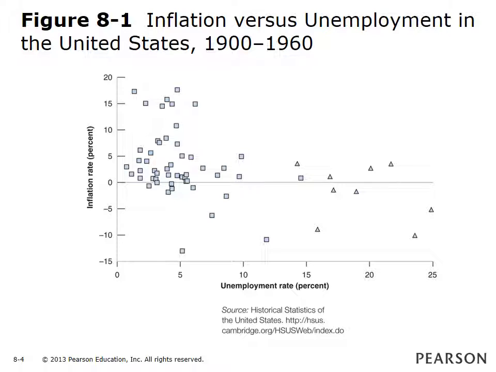The figure shows the findings of Paul Samuelson and Robert Solow for the United States based on a study done by A.W. Phillips in 1958 for the United Kingdom, showing a negative relation between inflation and unemployment. Samuelson and Solow labeled this relationship the Phillips curve, and it became central to macroeconomic thinking and policy. It appeared to imply that countries could choose between different combinations of unemployment and inflation.